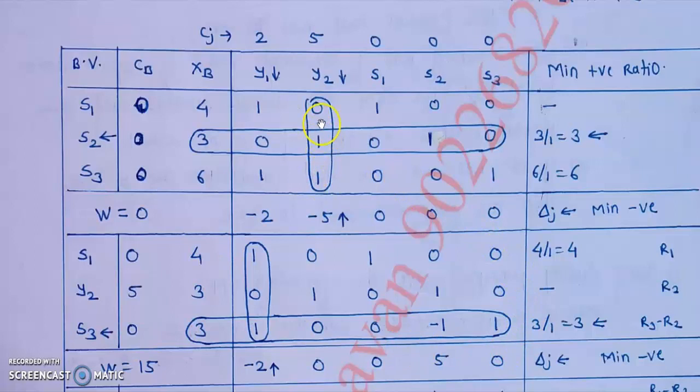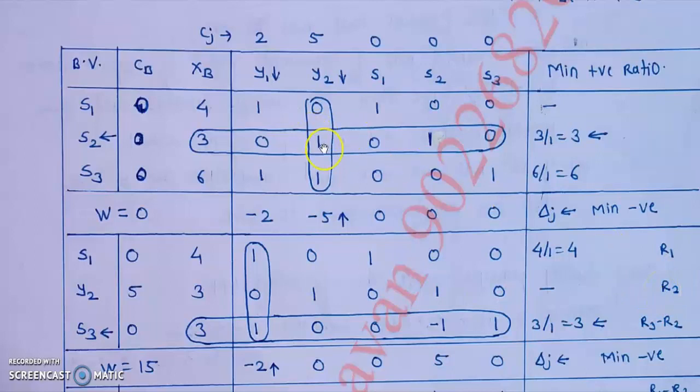The element which is common to the key column and key row is called the key element, which is 1 here. If it is not 1, we have to make it 1 by dividing the entire row by the key element. Since it is already 1, we write the entire row as it is in the next table, that is 3, 0, 1, 0, 1, 0. That's why the operation is R2 as it is.